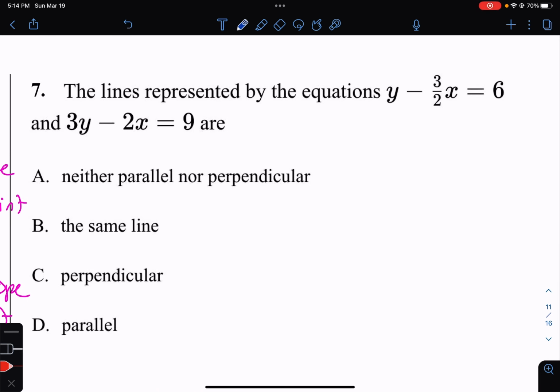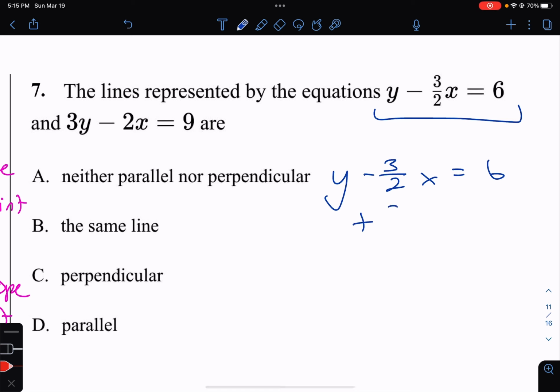All right, let's continue on here. So we've got to get this one in y equals mx plus b. So I'm going to add 3/2 to both sides, so I get y equals 3/2 x plus 6.